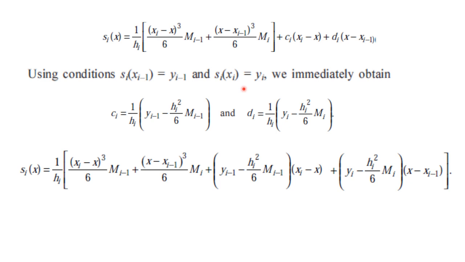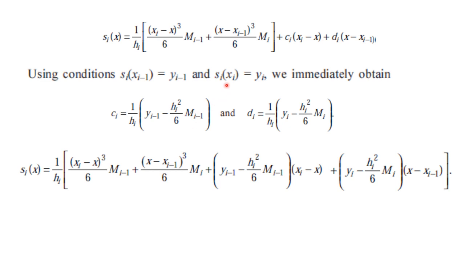Setting x equal to xi minus 1, this term becomes 0 and this term becomes 0, and this becomes hi and this becomes hi. So ci is obtained as 1 by hi times yi minus 1 minus hi squared by 6 mi minus 1.